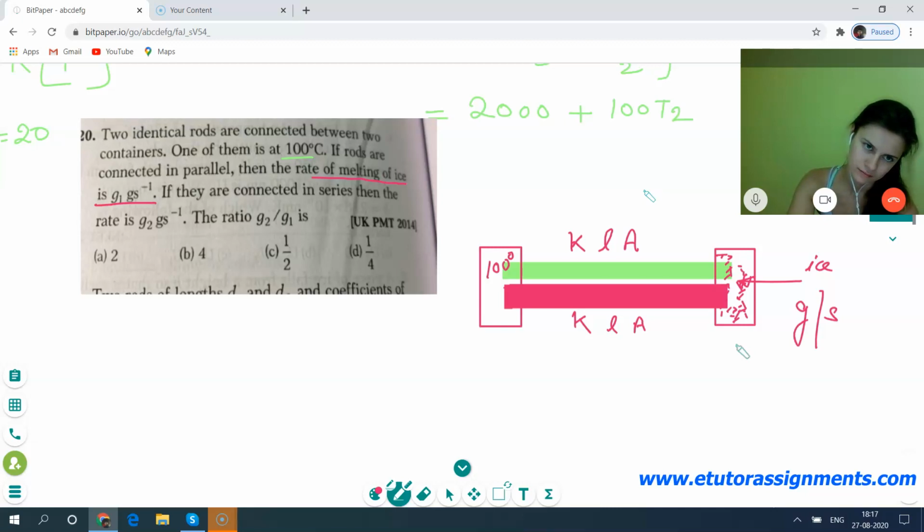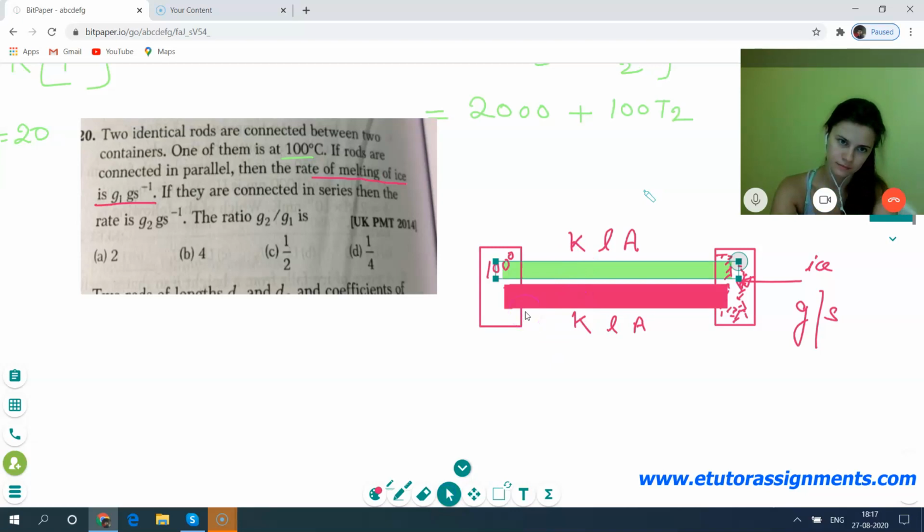If they are connected in series, then what happens? What is the ratio?